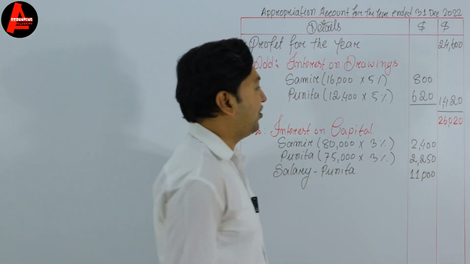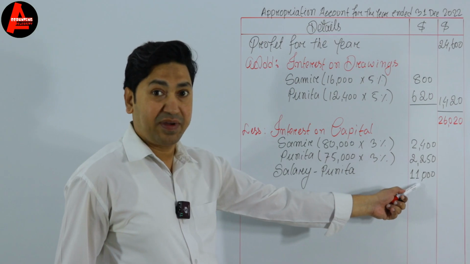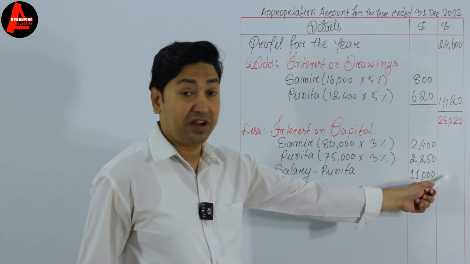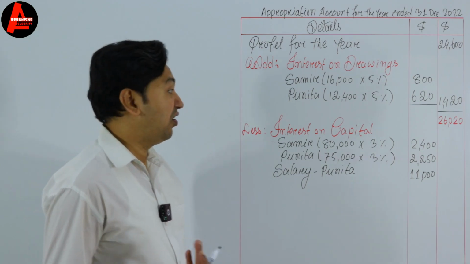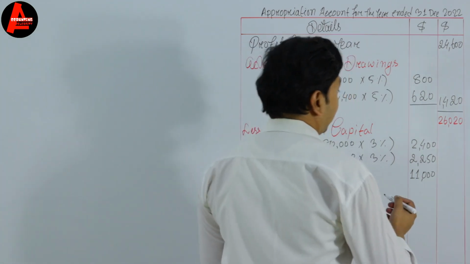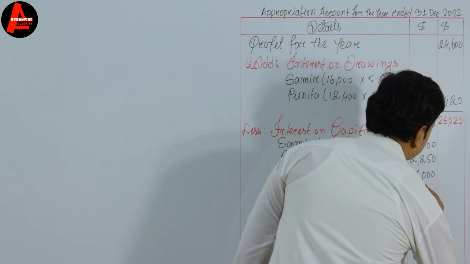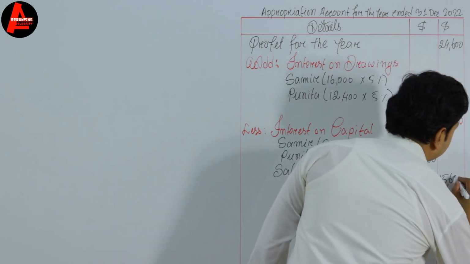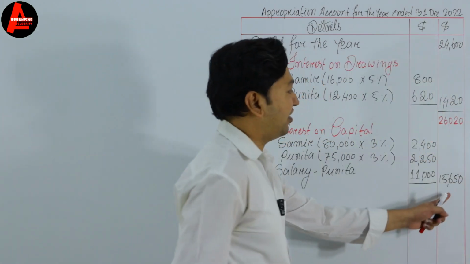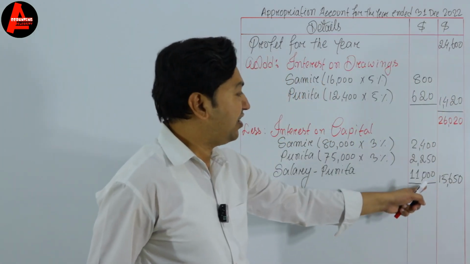Now we will sum up all three expenses and we will write in the outer column to calculate our residual profit or loss. So if we sum up these three amounts, we get $15,650.